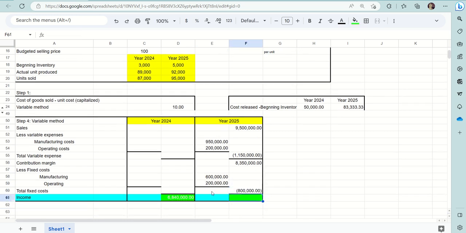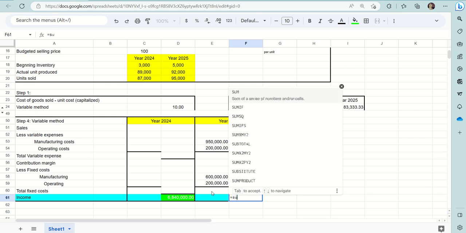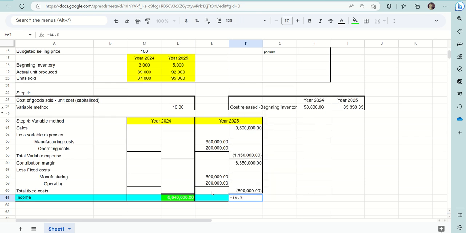That is our total fixed cost. We just simply subtract fixed costs from the contribution margin. Again, the total fixed costs from the contribution margin. That would give us our income.